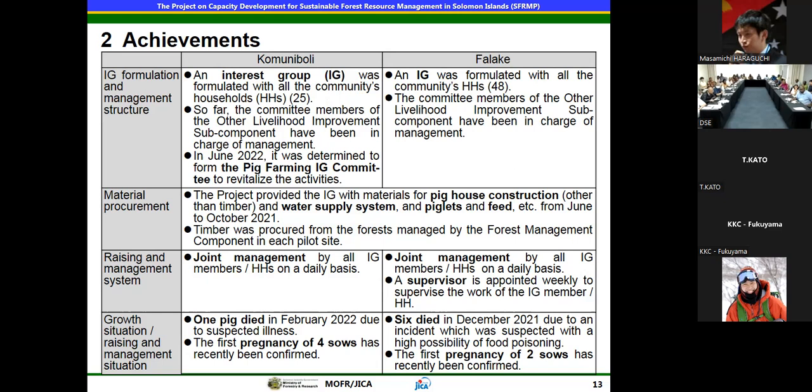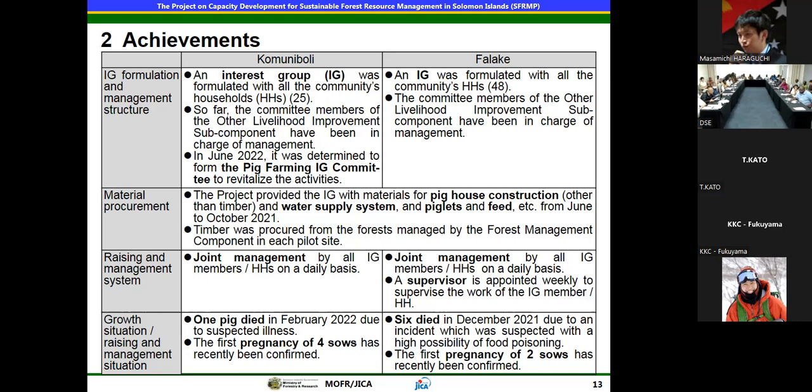And for material procurement, for both communities, the project provides the IG with materials for pig house construction, water supply system, and piglets and feeds, etc. And timber was procured from the forest management component in each pilot site.